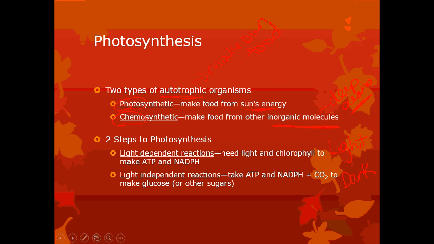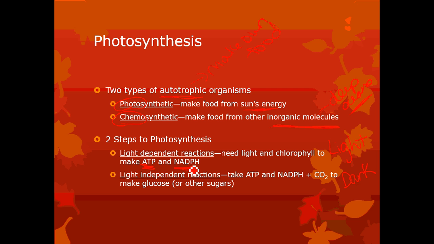They need light and chlorophyll to make ATP and NADPH. I know we talk about cellular respiration making energy, or ATP. A little energy is made during photosynthesis as well, but it's still not cellular respiration. The main purpose of the process is not to make ATP, but some needs to be made because some needs to be used.